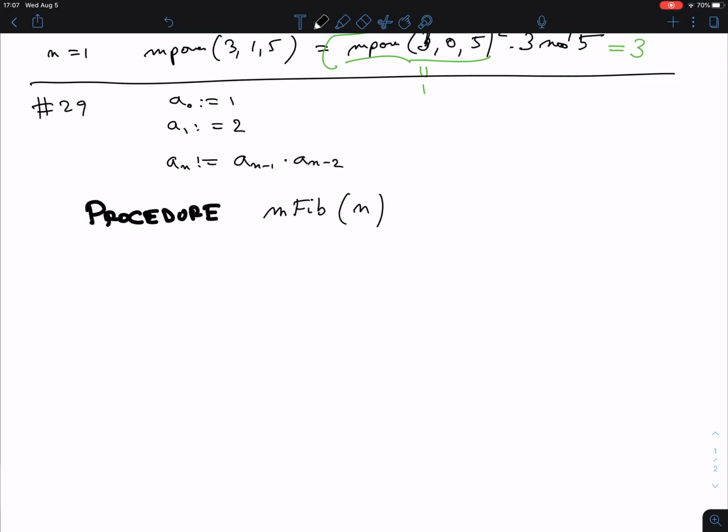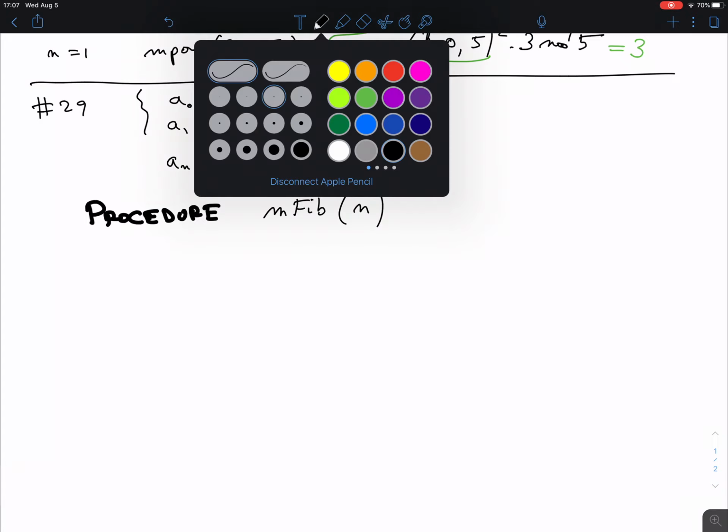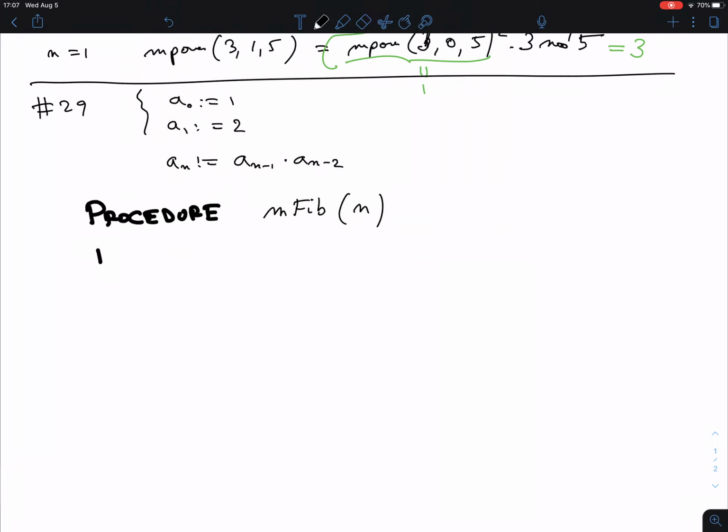And so we have here two initial conditions. So we're going to do: if n is 0, then; else if n is 1, then; else, and then comes the main definition. Okay, so let me write this all up. So if n is 0, then return the answer 1.